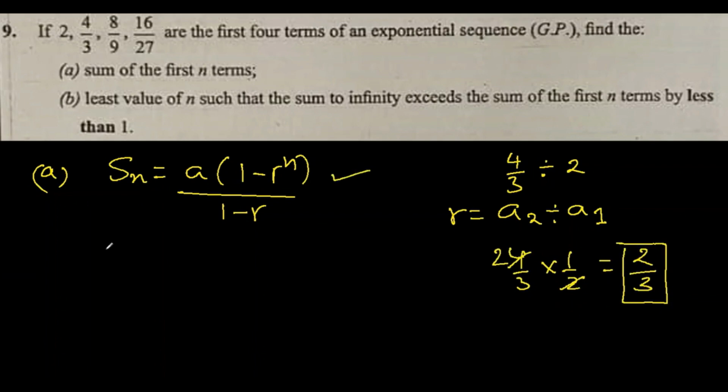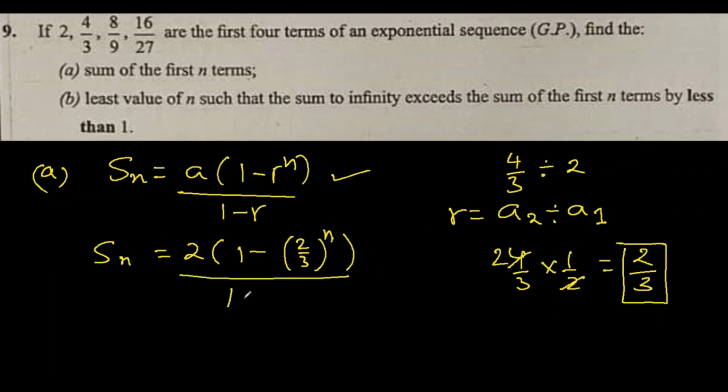So let's find the sum of first n terms. a, the first term, is 2, times 1 minus 2 over 3 to the power n. I put a bracket because power n is with 2/3, including the 3. If I don't put this bracket, n is supposed to be with only the 2. So put a bracket there. Over 1 minus 2 over 3.